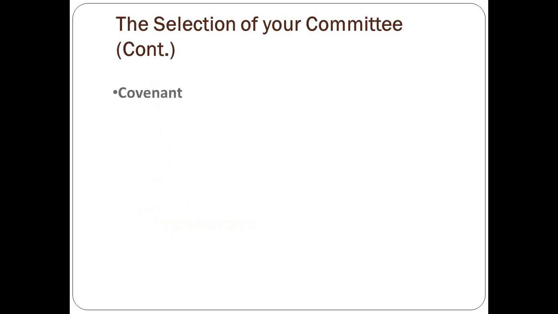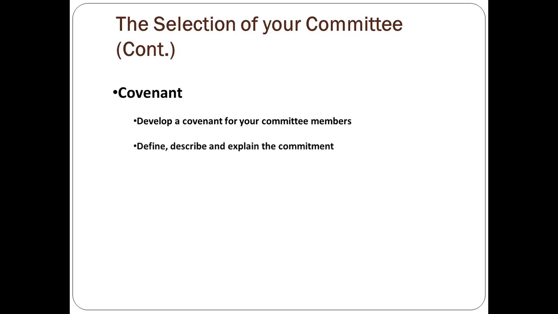The selection of your building committee, I would suggest, along with looking at their character, along with looking at their capabilities, along with looking at their chemistry, that you also take a look at a covenant. And what I mean by covenant is you need to develop a covenant for your committee members that defines, describes, and explains their commitment to the committee, to the church, and to the process.